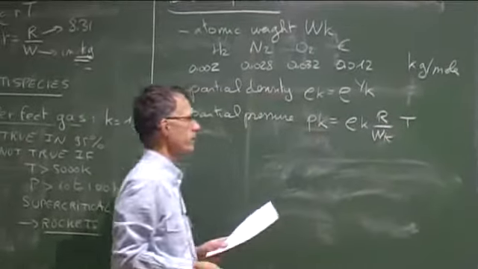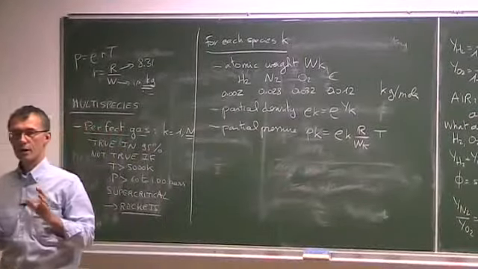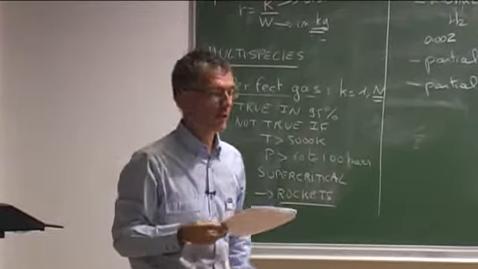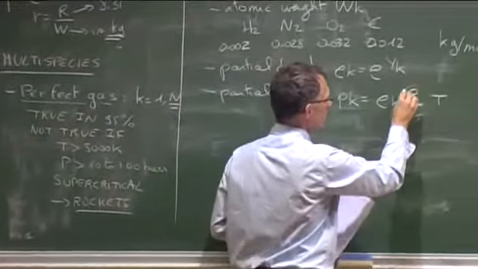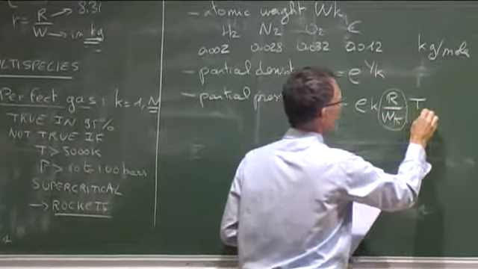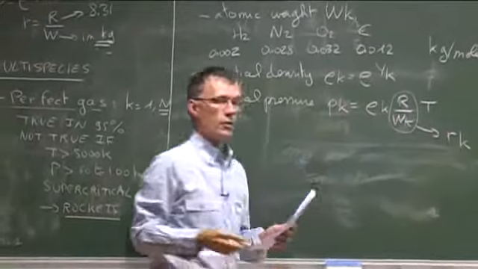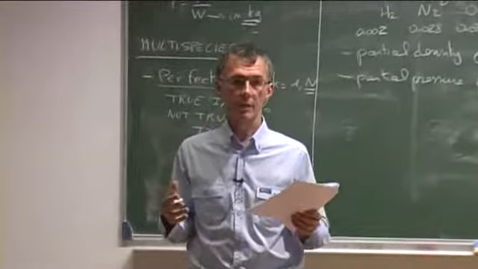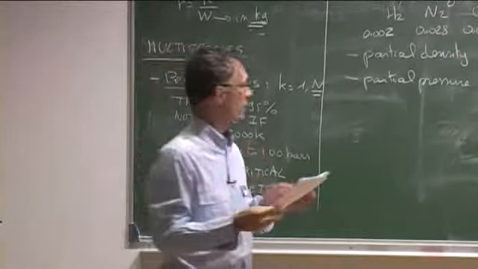Because you assume that each species is behaving like a perfect gas. Now note that the constant which is here now, which we will call also small rk, is changing for each gas. The constant of hydrogen is absolutely not the same as the constant for other gases.